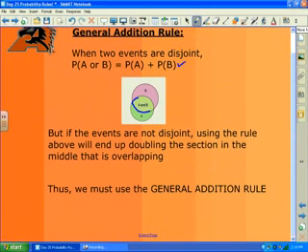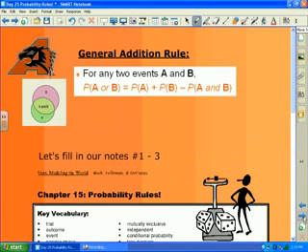However, when you have this overlapping area, if I added A and I added B, what would have just happened? Good, I'm doubling the overlap. So if the events are not disjoint, using the rule above would end up doubling the section in the middle that is overlapping. Therefore, we must use a general addition rule.